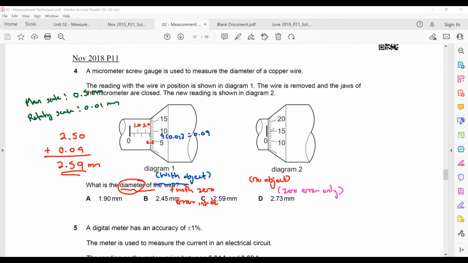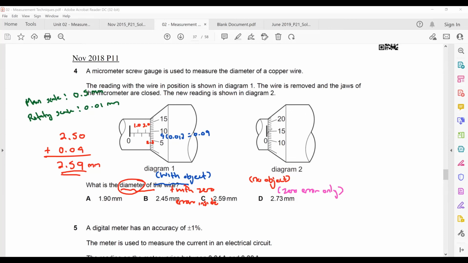Now if I want to find out what the zero error is, you see this one here is actually slightly after my 0. This one is positive zero error. Recall that earlier I told you your questions will never ask you about negative zero error. They always ask you about positive zero error. So right now you have positive zero error here.